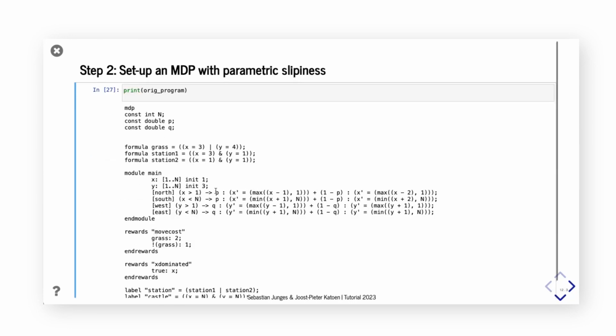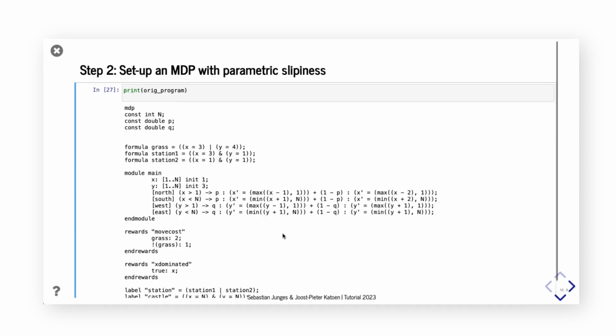Now, what we want to do is use the parametric part. And so now the slippiness, I told you earlier, we are in this grid world, and there's some probability that you're not actually making any progress. So here we have this probability P, which ensures that you're going one step. And with probability 1 minus P, you would actually go 2 steps into a direction.